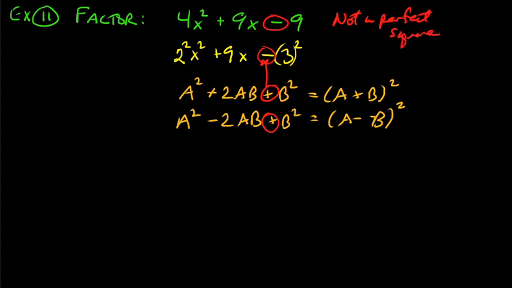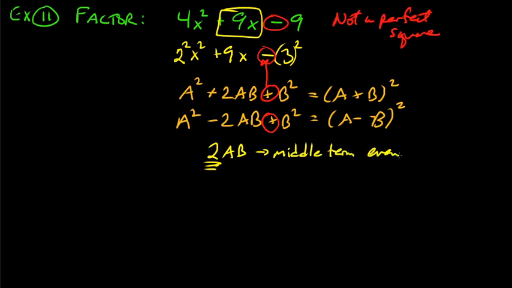Right, and there's something else that tells us that as well. The middle term is 9x. Remember, the middle term has to be 2ab. So that too tells us that the middle term has to be even in order for this to be a perfect square trinomial.